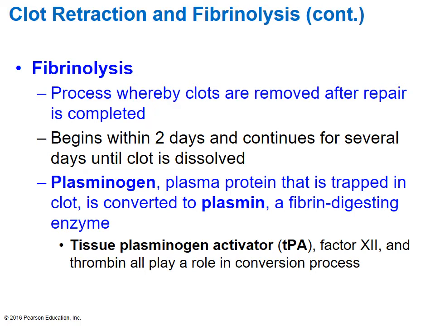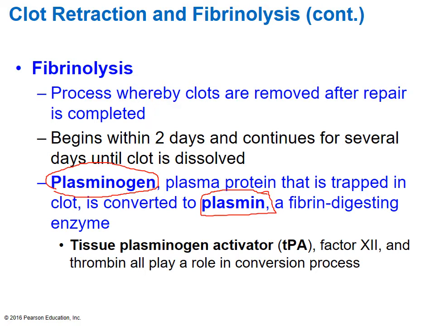And it will require a specific plasma protein called plasminogen. Plasminogen is generally trapped in the clot itself and released by the platelets, and as plasminogen starts to be released, it's going to be converted into plasmin. And plasmin is almost like a pair of sharp scissors.